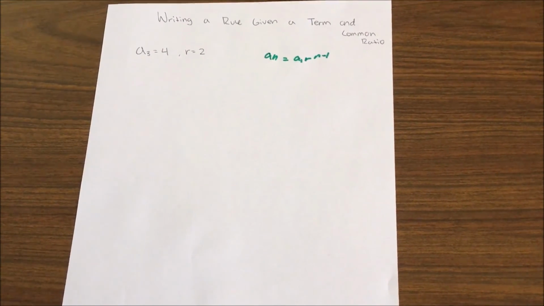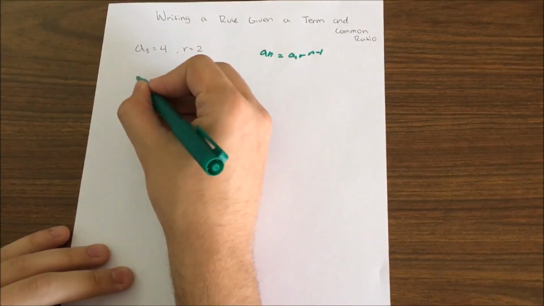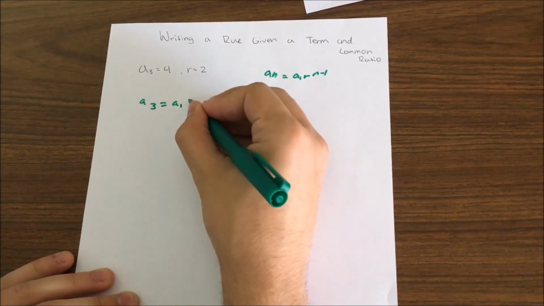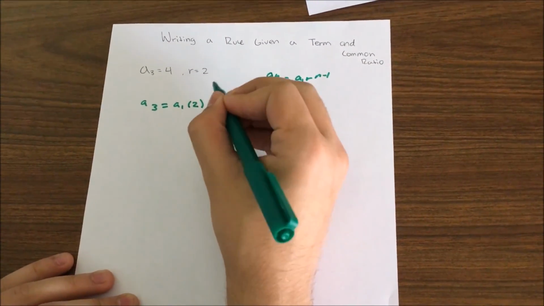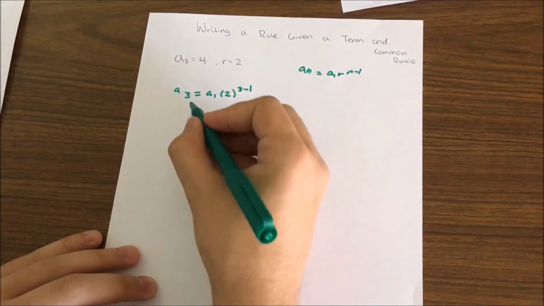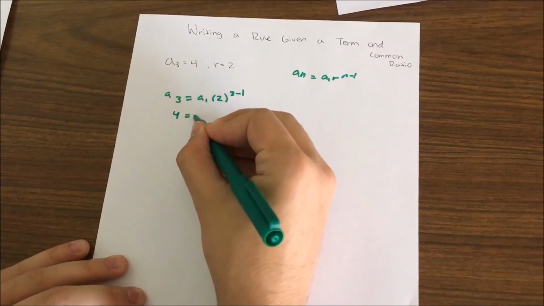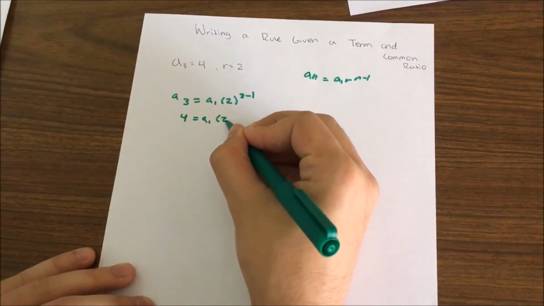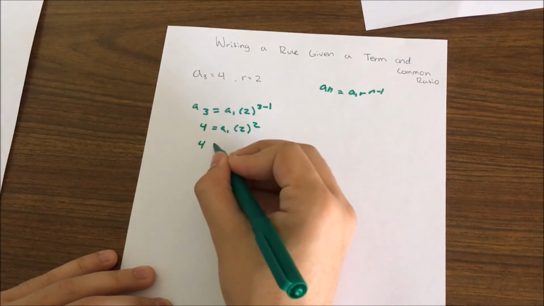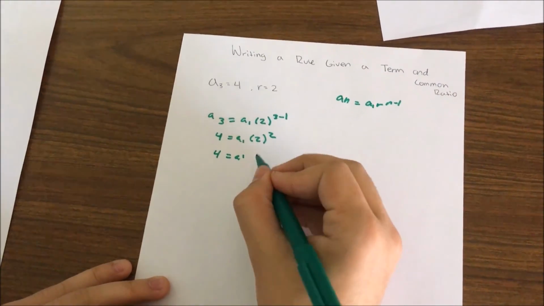To find A1, we go A3 equals A1 times the ratio of 2 to the 3 minus 1, which gives us 4 equals A1 times 2 to the 2nd, and then that gives us 4 equals A1 times 4.